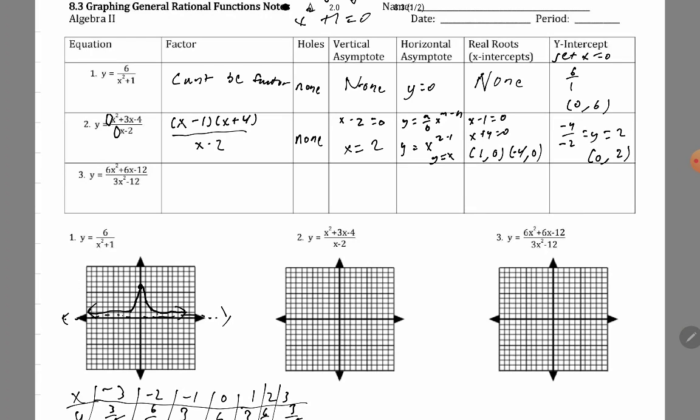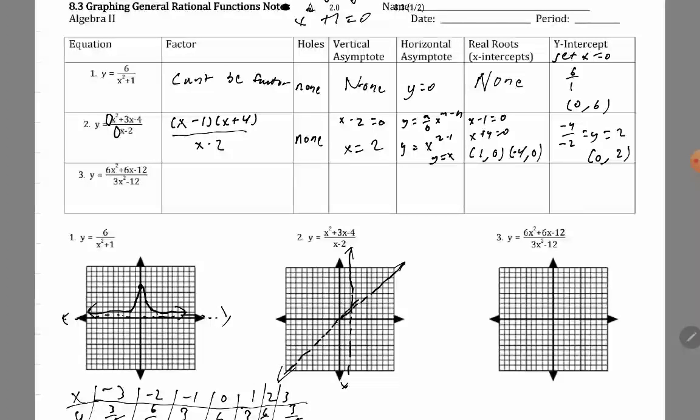So we have a vertical asymptote at x equals 2. We have a slant asymptote at y equals x. So we just draw the line y equals x. Okay.